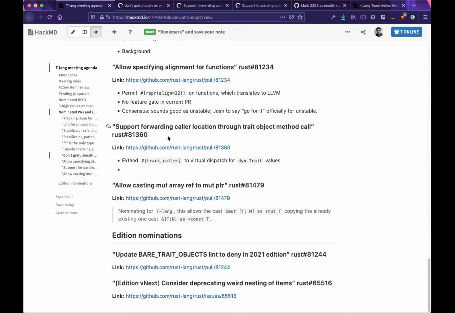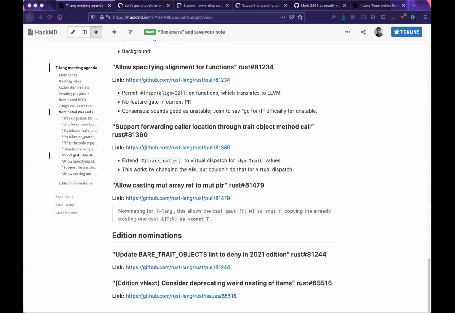What this allows you to do is put track caller on a trait that gets inherited down to all the impls for that trait, so that dyn trait values always have this shim. I think there's an extra shim or something like that. I didn't look too closely at the implementation details, but that's what it does.